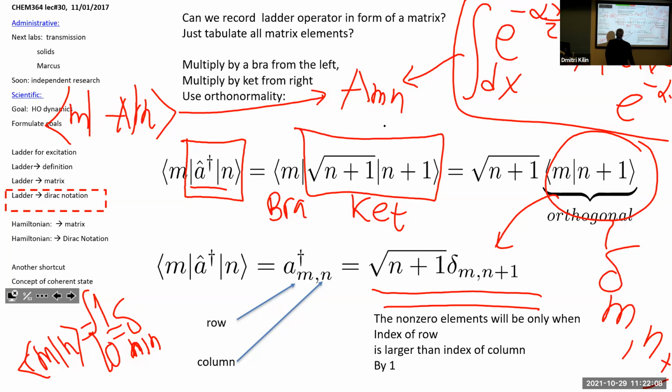So creation operator, right? Eigenstate number m and eigenstate number n. If we apply the creation operator to the right, to state number n, it will convert it into state n plus 1, right?